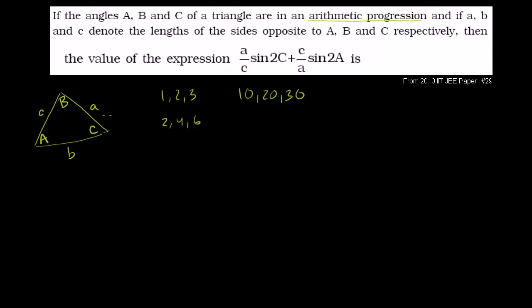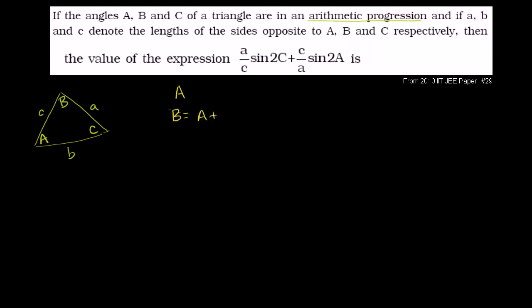So all they're saying is that to go from angle A to angle B, however much that is, it's the same amount to go from angle B to angle C. So let's see what that tells us. We could say that B is equal to A plus some constant.